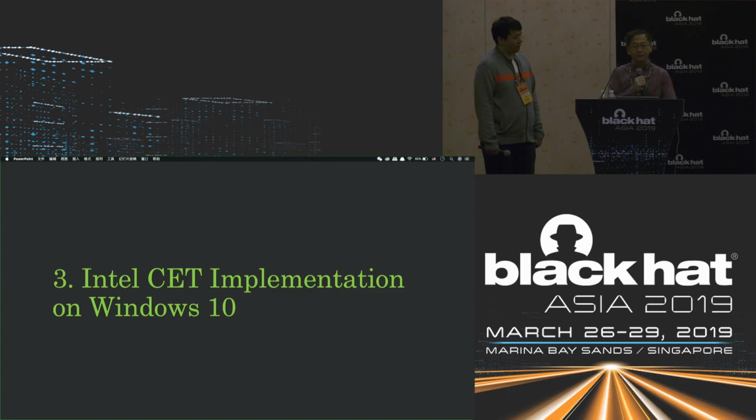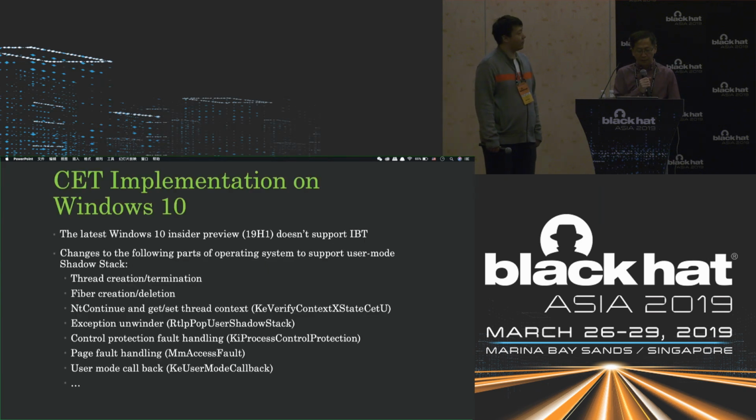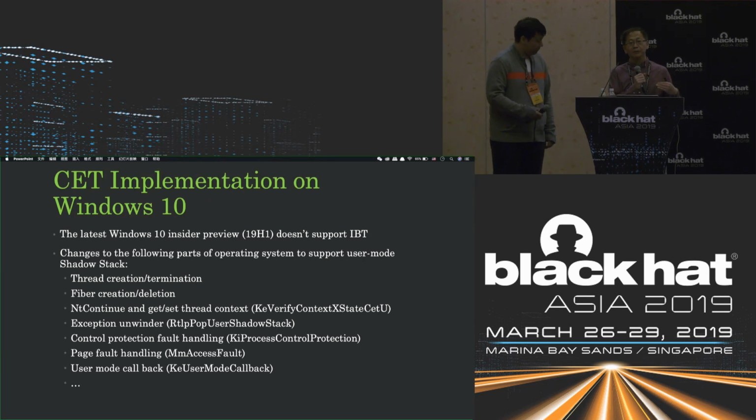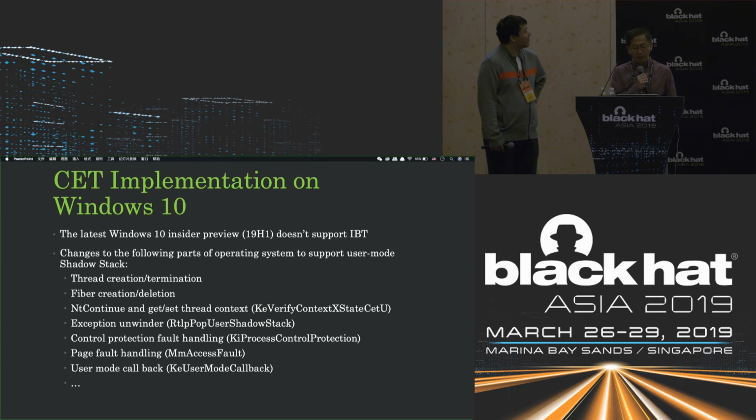Now, let's look at the operating system implementation of it. For Windows 10, in order to implement this, it has to make a lot of changes. The first change is that it introduced a lot of enhancements for a lot of those operations.